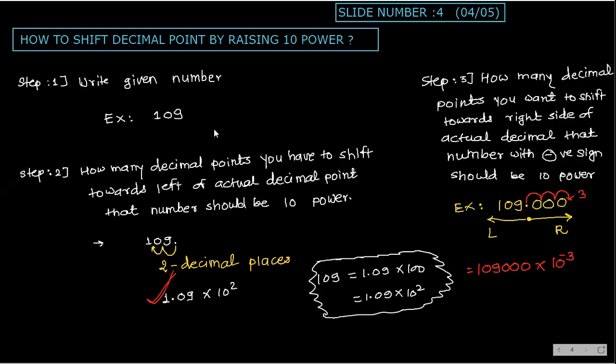Sir, can we interchange them? Instead of writing 109,000 into 10 power minus 3, can we write 109 into 10 power 3?